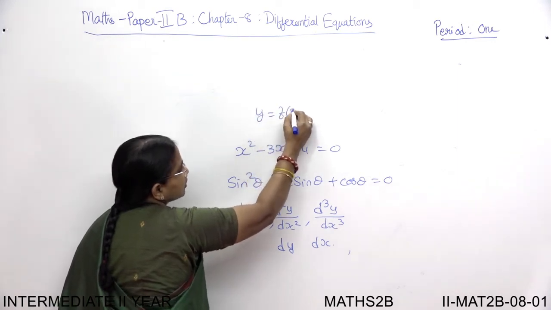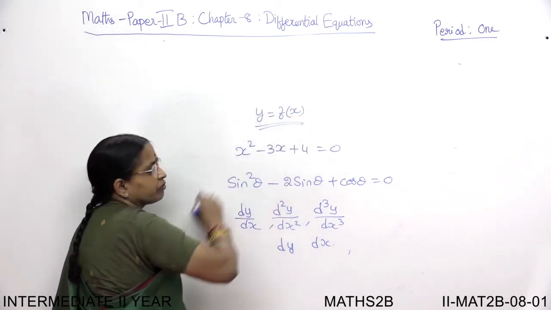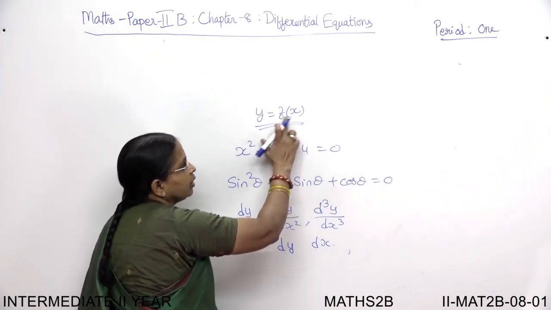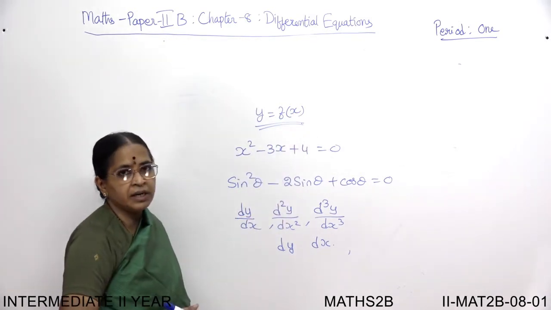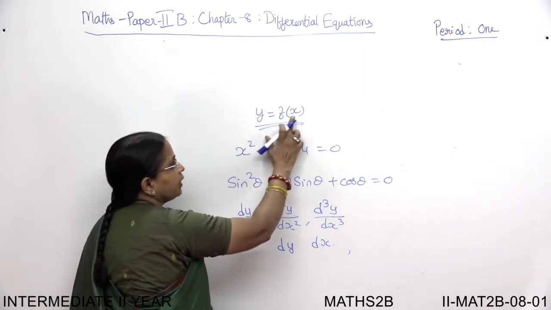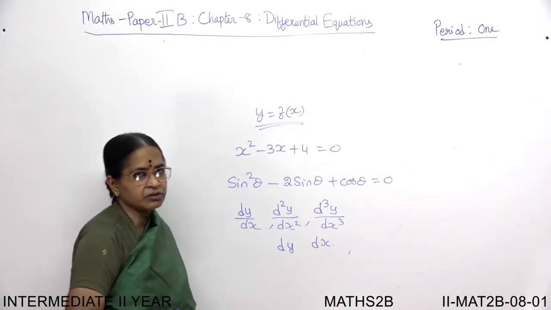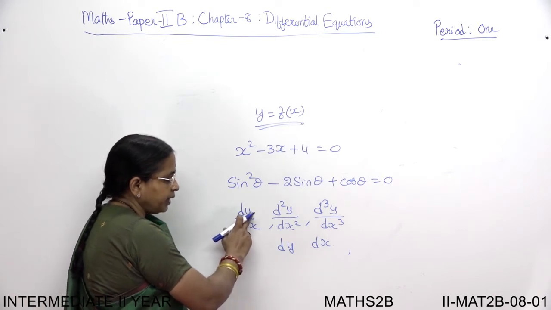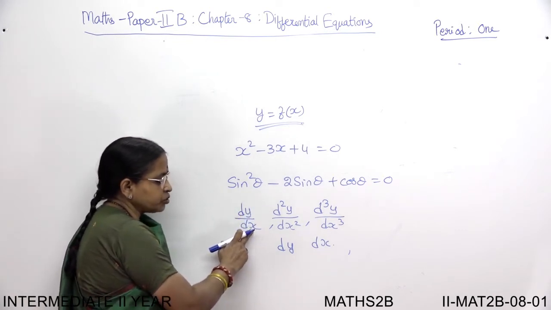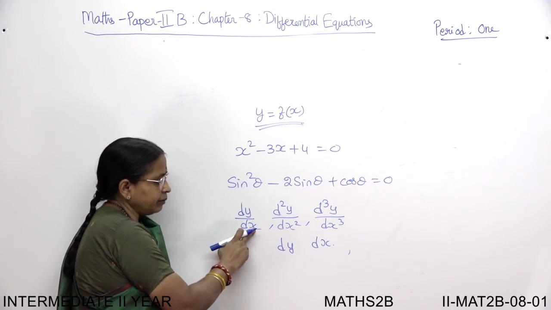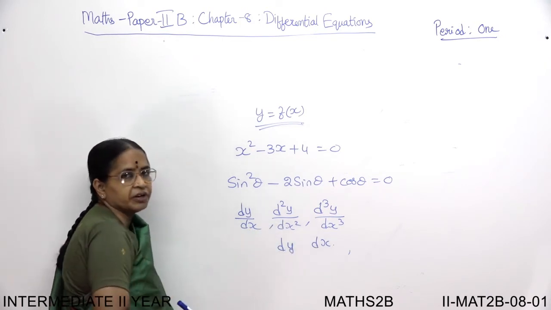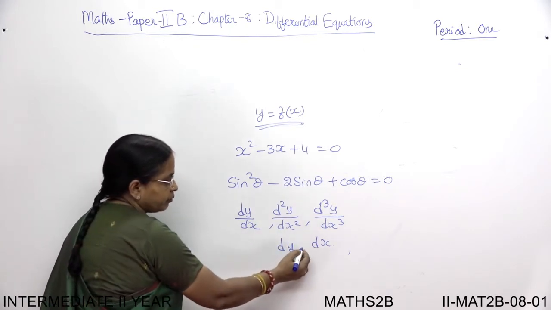Suppose you have a function y is equal to f of x. This x is called the independent variable and y is called the dependent variable. y is depending on x. x can take any values. So these are the derivatives of the dependent variable in terms of the independent variable x, and these are the differentials of the independent and dependent variables.